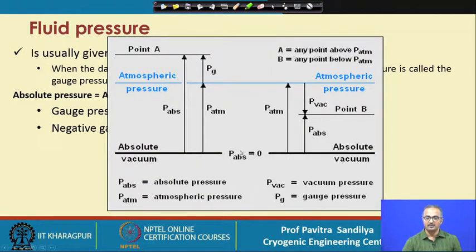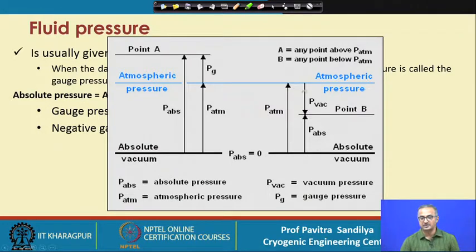And we can have various types of units for that. Here we are showing atmosphere, bar. Sometimes we represent pressure in terms of millimeter of mercury, sometimes in terms of inches of mercury, millimeter of water, inches of water column. So there are various types of units for the pressure measurement.